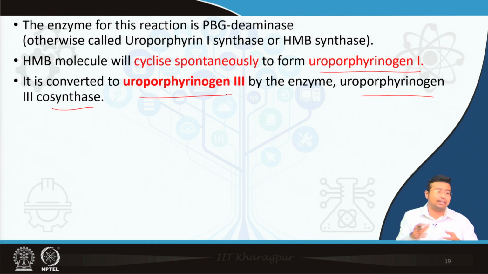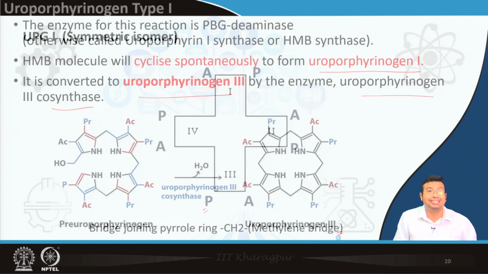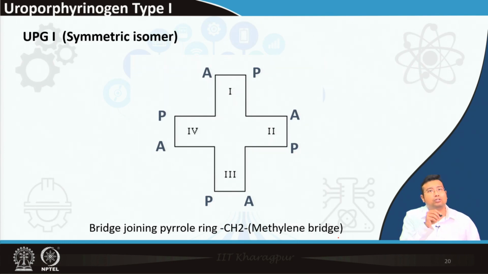So, everything is happening in one step. This linear compound pre-uroporphyrinogen is being converted to uroporphyrinogen 1 spontaneously, and then by the action of uroporphyrinogen 3 co-synthase it is converted to uroporphyrinogen 3.